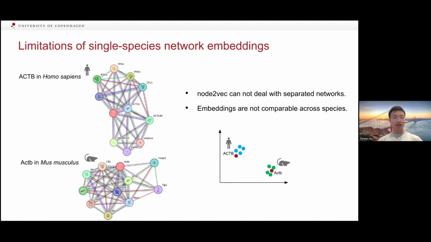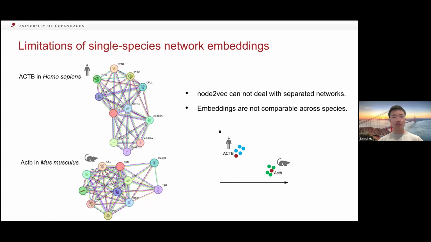One of them is that it cannot give you comparable information across different species. For example, we have the ACTB gene or protein in human and also in mouse. Since they are very close in the phylogenetic tree, they have very similar protein function, and they are even very similar by sequence.